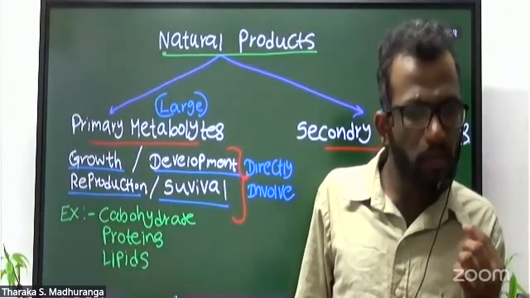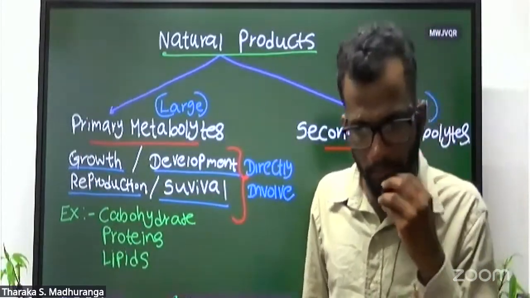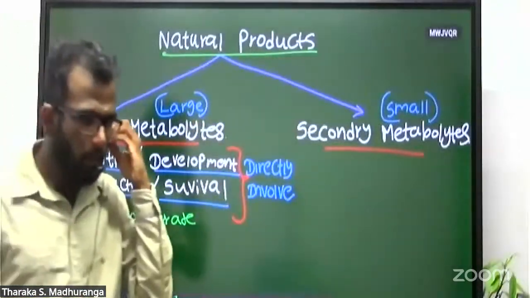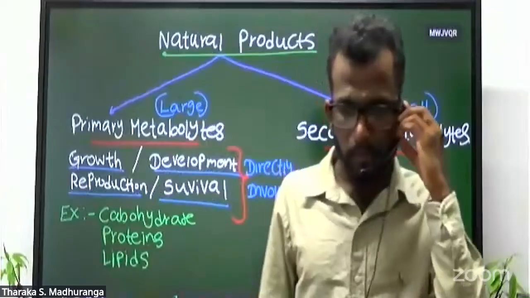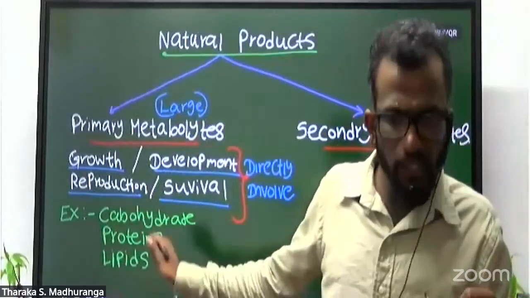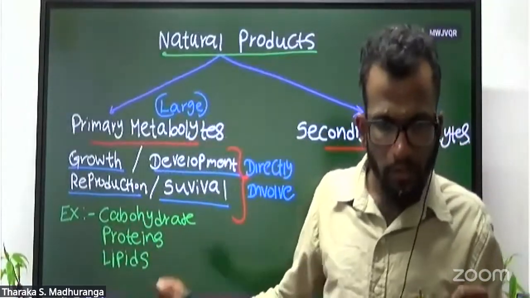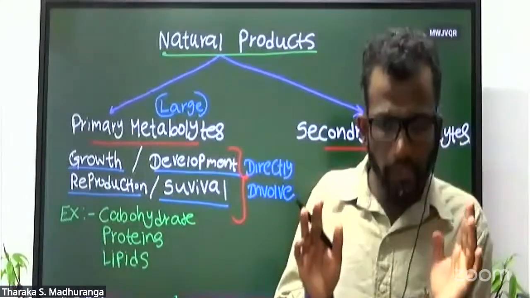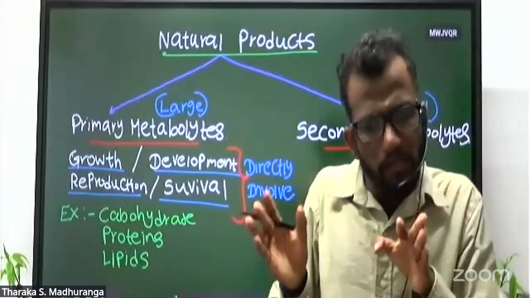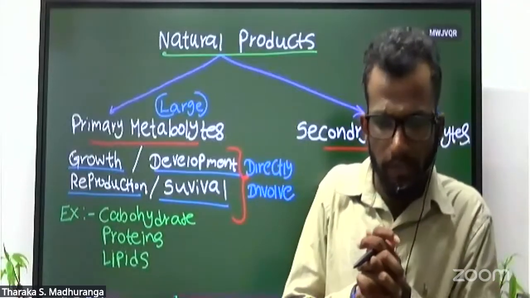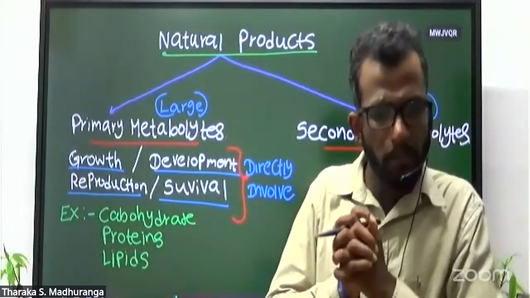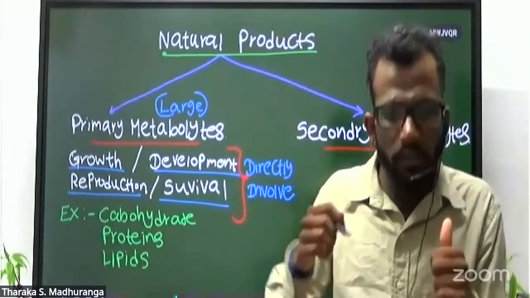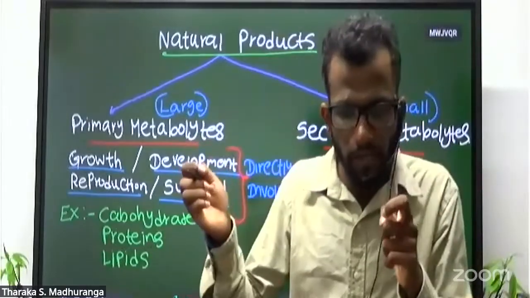Yeah, good, Adisha. Others? Yeah, these three are correct: carbohydrates, proteins, lipids. What is the other primary metabolite for our body? They are produced in large quantities and are directly involved in our growth, development, reproduction and survival.